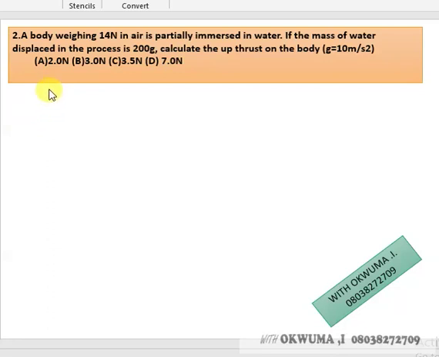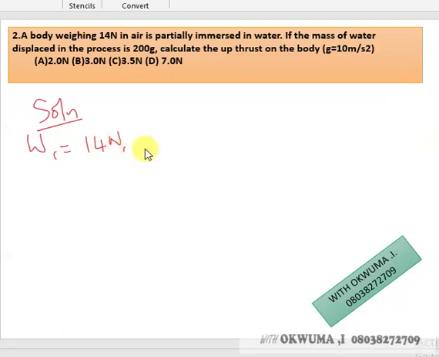Now, how do we go about this? Look at the question. A body weighing 14 Newton in air. Our weight in air, call it W1, is 14 Newton.